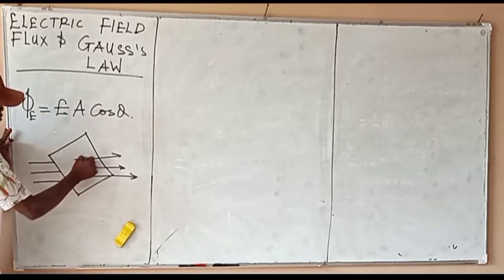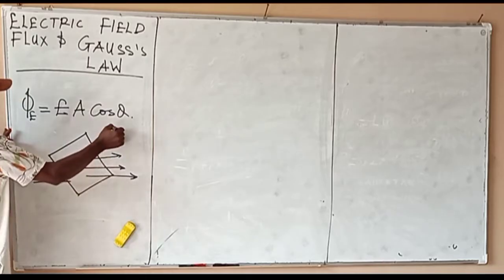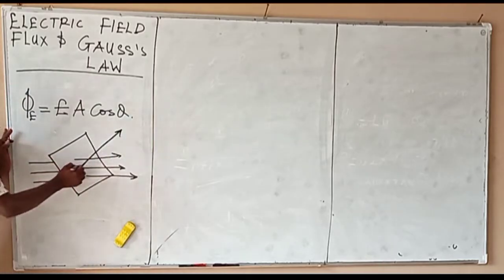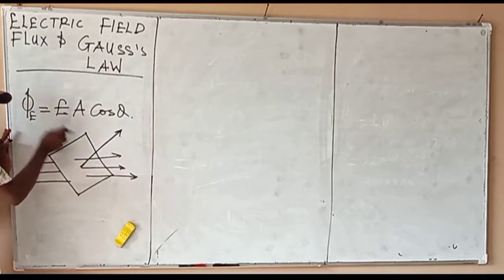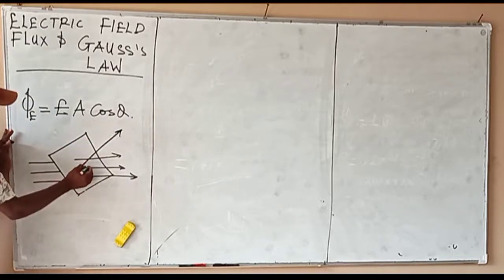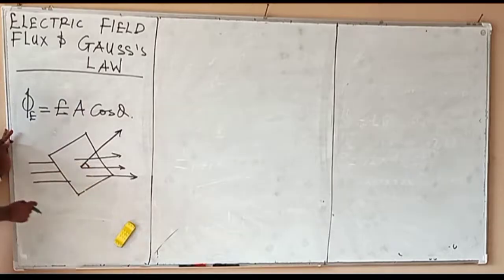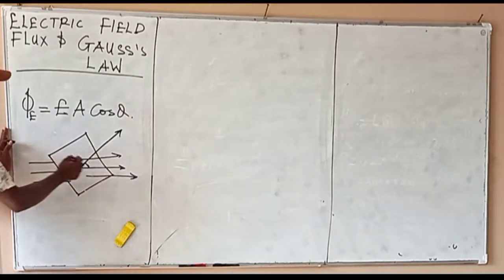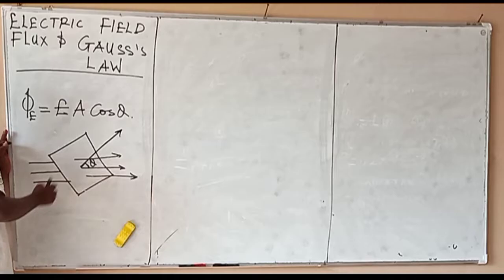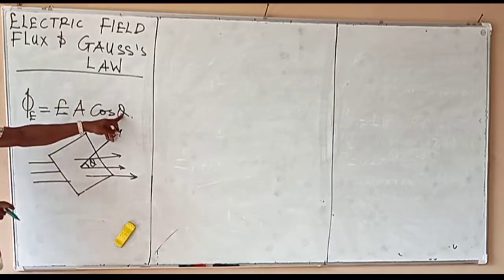Let's say a line of this nature, making an angle of 90 degrees to the surface. So the angle between these field lines and that perpendicular line is called theta. That is the theta we're talking about here.